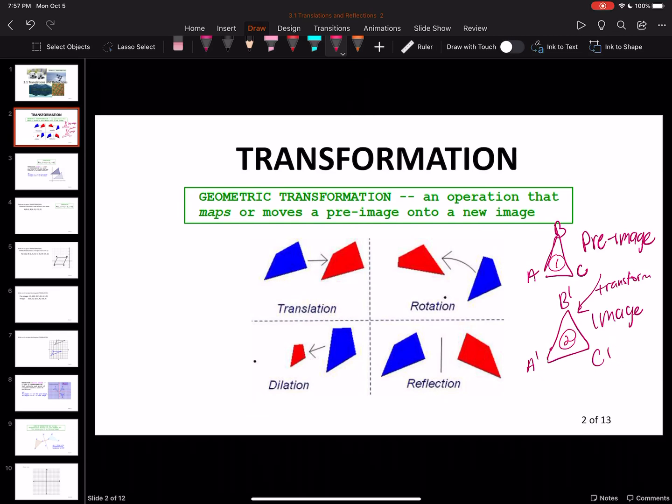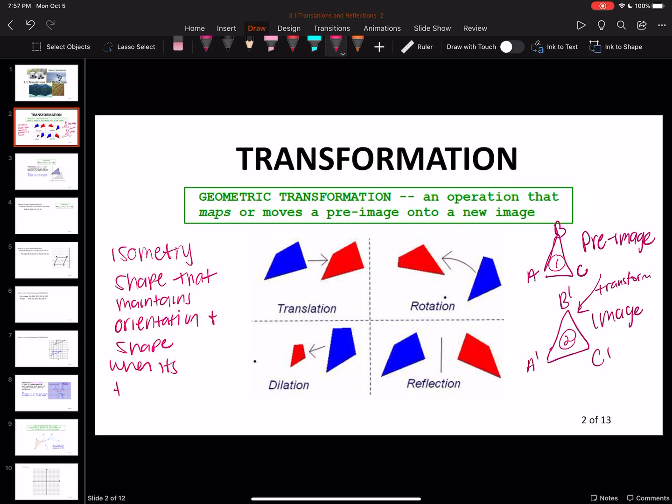There's also something called an isometry. An isometry is a transformation that maintains orientation and shape when it's transformed.